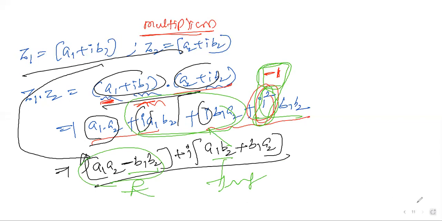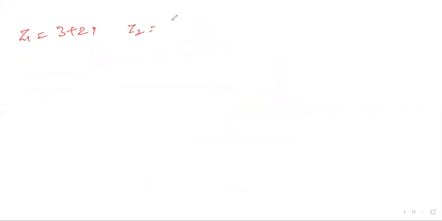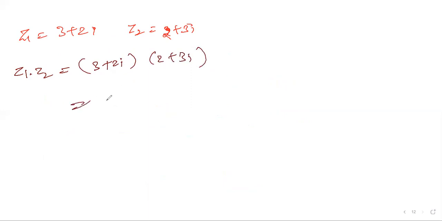For your understanding, I'll take one sample problem. Let Z1 be 3 plus 2i, and Z2 be 2 plus 3i. You need to multiply both. So Z1 into Z2 is 3 plus 2i into 2 plus 3i. 3 twos are 6, plus 3 threes are 9i, plus 2 twos are 4i, plus 2 threes are 6 i square, which is minus 6.